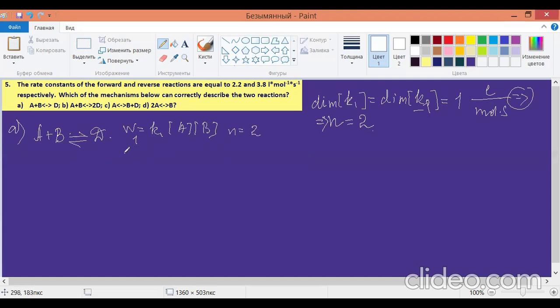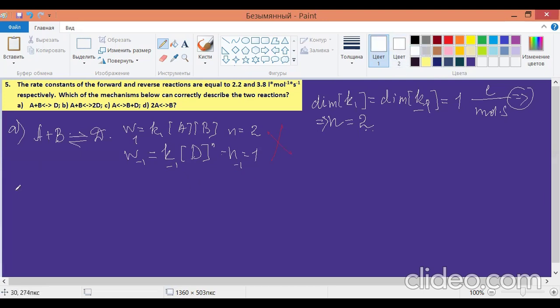But let us write the kinetic equation for the reverse reaction. It's k sub minus 1 times the concentration of D, and it's raised to the first power. It means that n is equal to 1, but it should be 2. For that reason, A is incorrect.